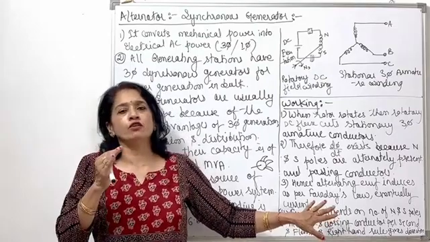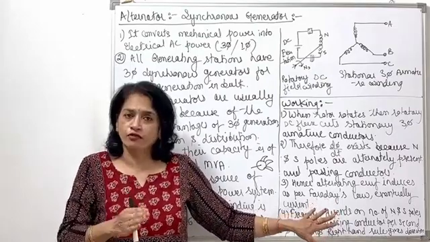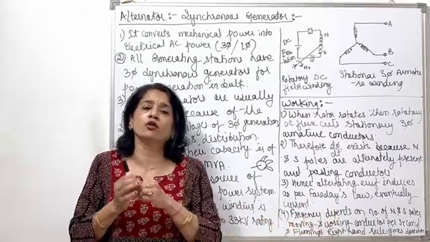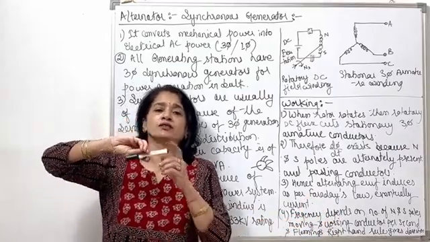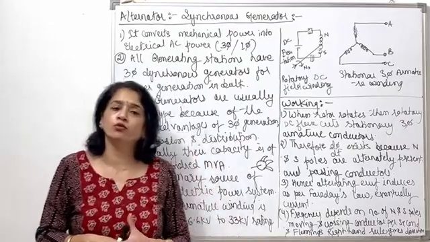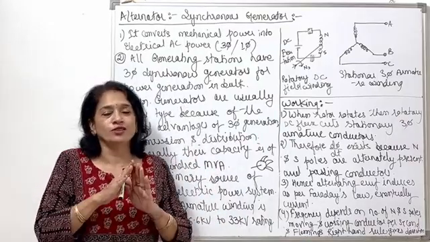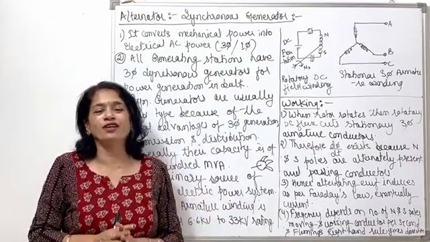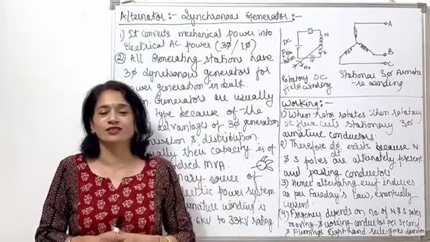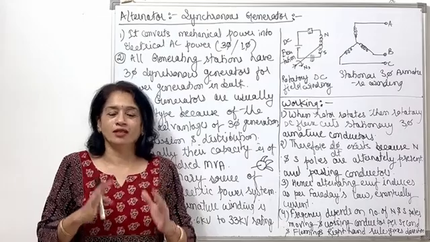The frequency of reversal of the direction of current and polarity is totally dependent on the number of poles passing those conductors. And the direction of EMF is known through Fleming's right hand rule. This is all about the briefing of the synchronous generator, the alternator, and how it produces 3-phase power.